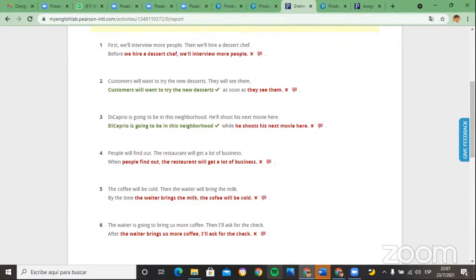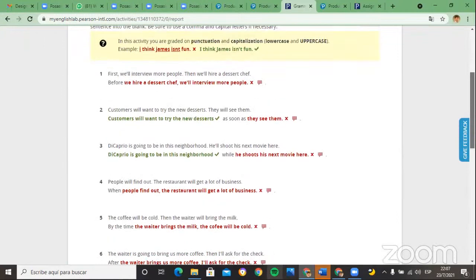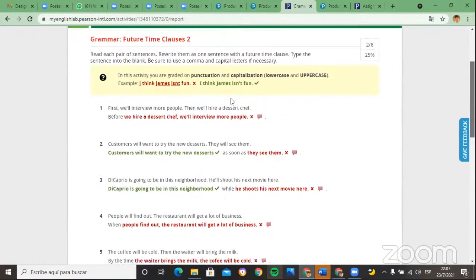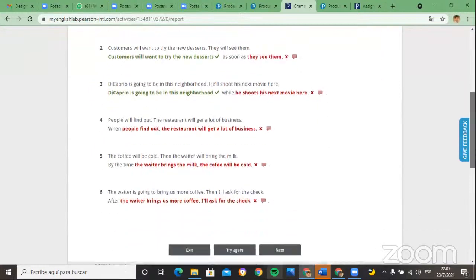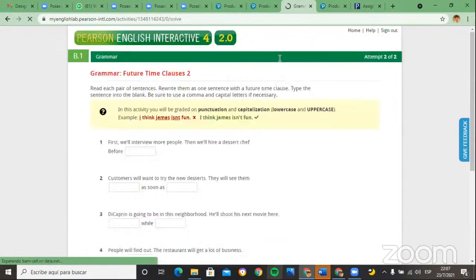Yeah, because about the structure, everything is correct. No problem with that, but maybe the punctuation, capital letters, I don't think so. Instead of using this comma, what should we use now? Well, let me try to remove the dots.